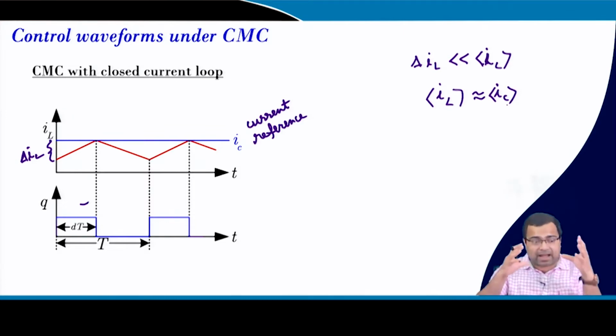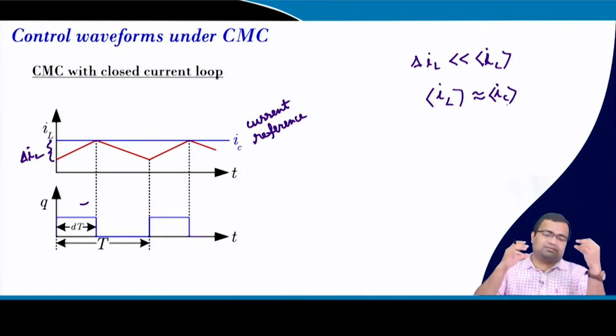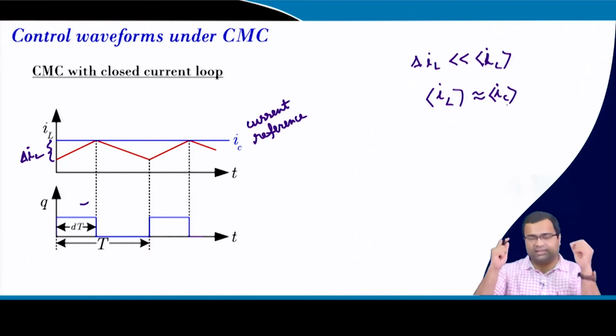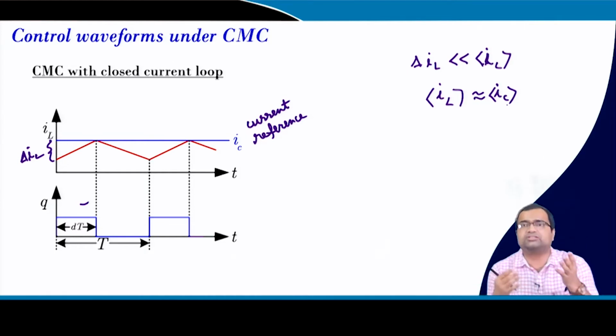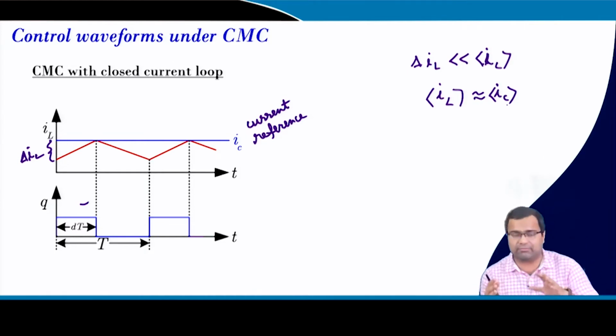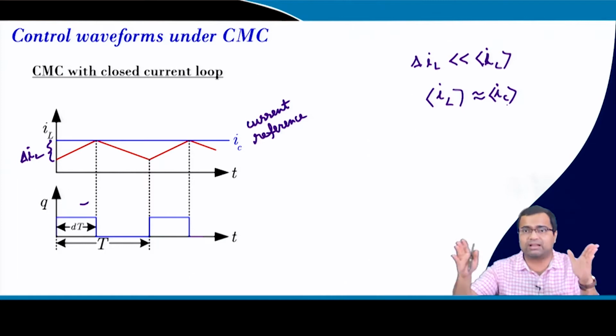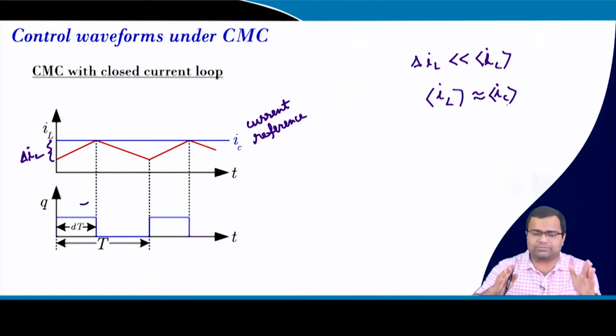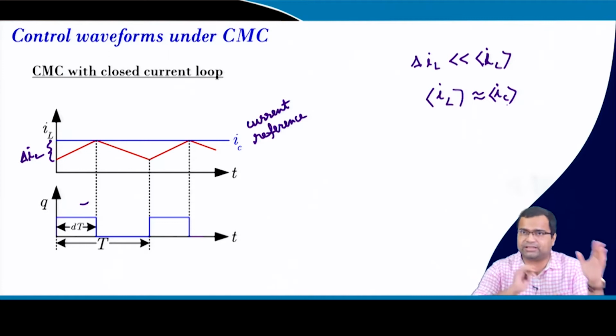But in practice, as we will see in the subsequent lecture, the accuracy of this model is not good enough when you go to a higher frequency range. This approximation makes some sense in the low frequency range.